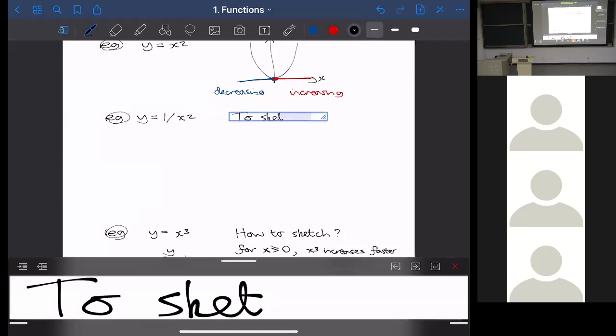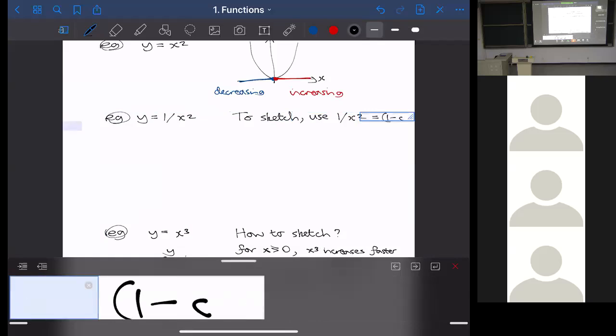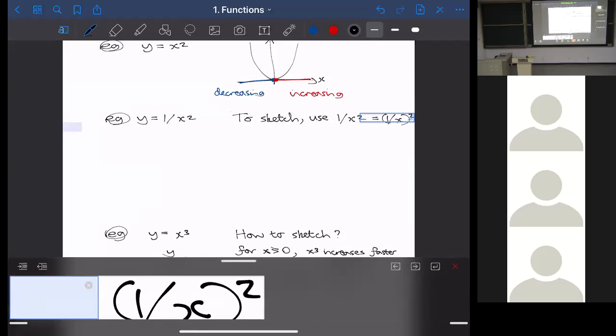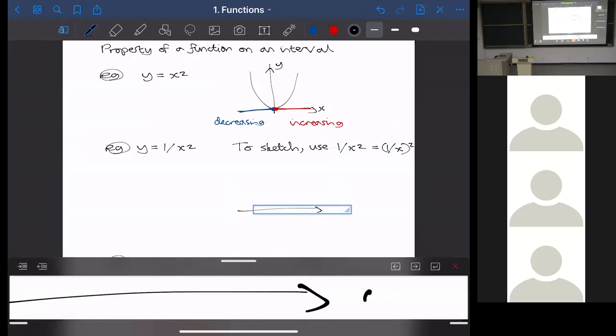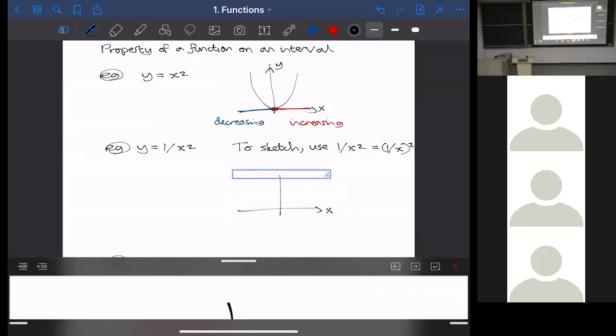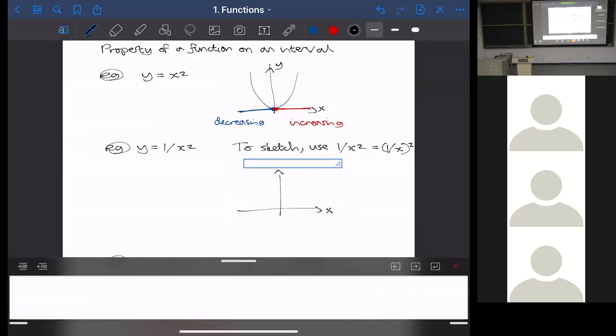So to sketch, use that if I want to calculate 1 over x squared, this is the same as calculating 1 over x squared. So we can use the sketch from above.